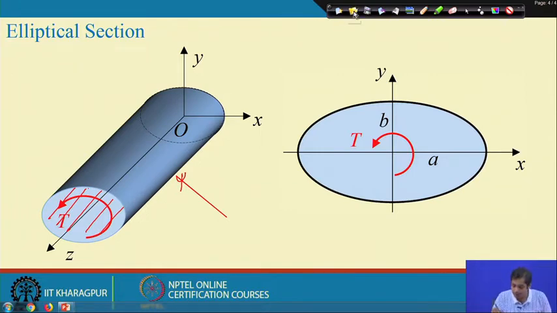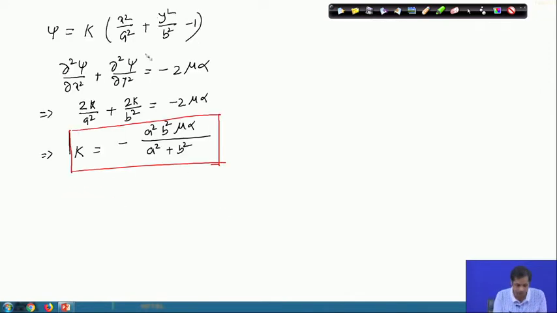So, if you recall, another condition was the torque on that boundary, T was equal to 2 into integration over R, the entire cross section, of psi dx dy. Now, psi was this.